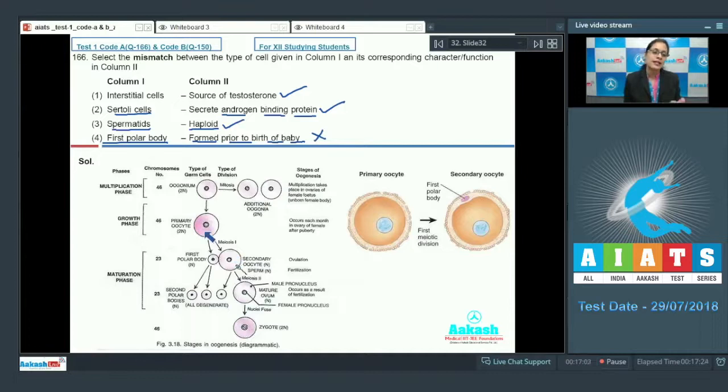So this means that this first polar body forms after puberty and not prior to birth of baby. And this first polar body is released into the perivitelline space of the secondary oocyte. So our correct answer is option number 4.